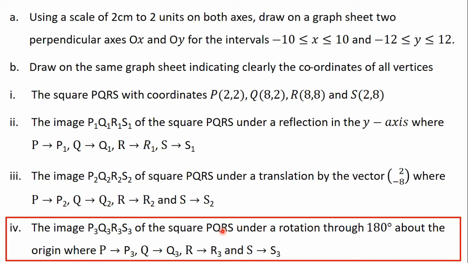So we are going to rotate the square PQRS through a 180 degrees angle about the origin to get the image square P3, Q3, R3, S3. And point P will give us P3, point Q will give us Q3, point R will give us R3, and point S will give us S3.